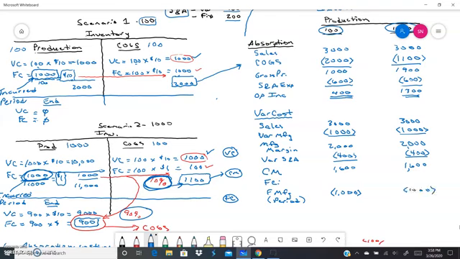So that's not going to change based on the level of production. We incurred $1,000. All of that is being treated as a period expense and flowing through the income statement as an expense. We also have fixed selling and administrative expenses of $200.